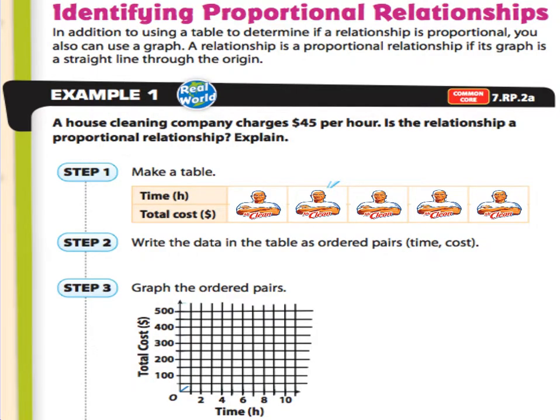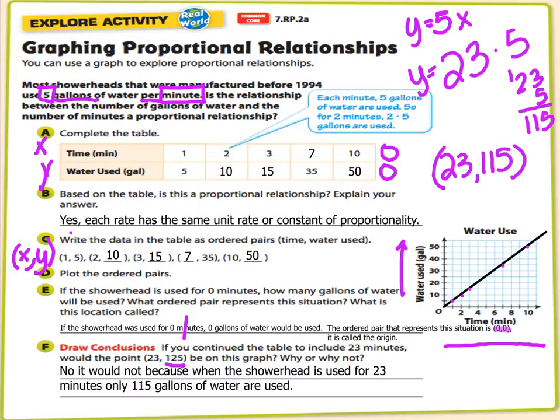All right, so for identifying proportional relationships, again, we talked about the fact that it has to have that constant of proportionality and it has to go through the origin. Notice with the graph we just drew, there was something else special about it. We noticed that it is very straight and it goes through the origin, and those are two very important pieces.